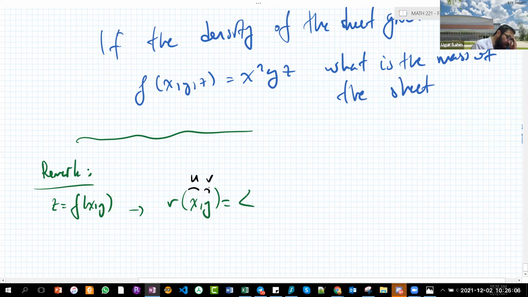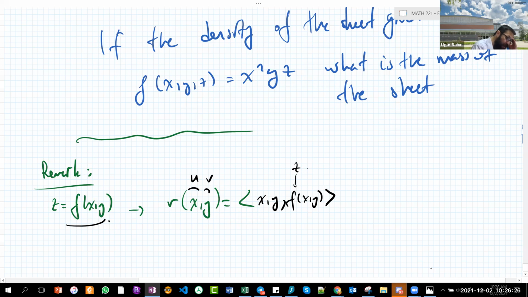The letter names don't matter actually. If I choose my U and V as x and y respectively, then here what I'm going to have, as you know, is z. Look at what z is going to be. z is equal to f of x, y.